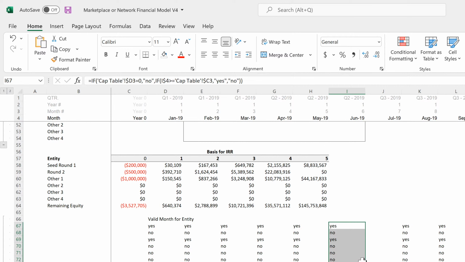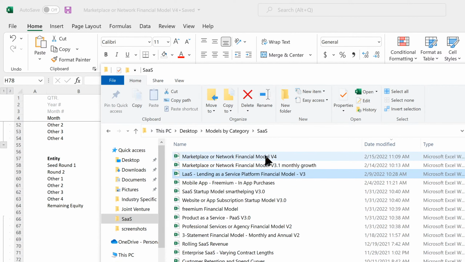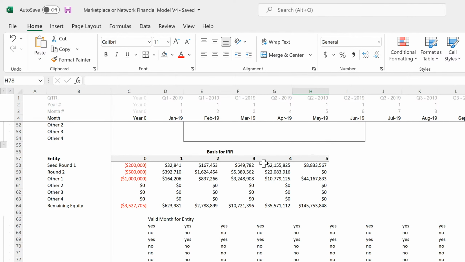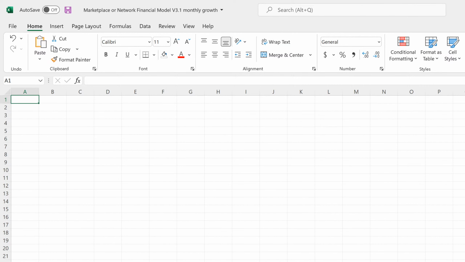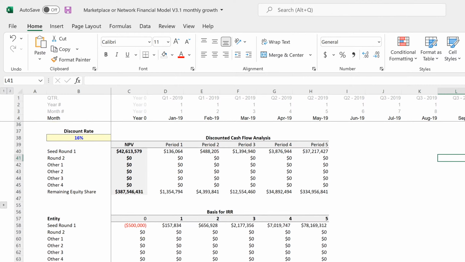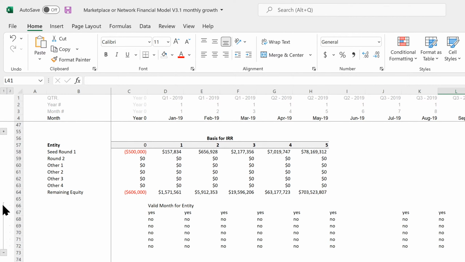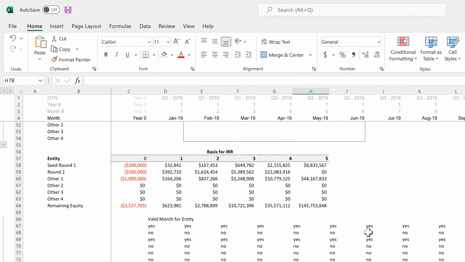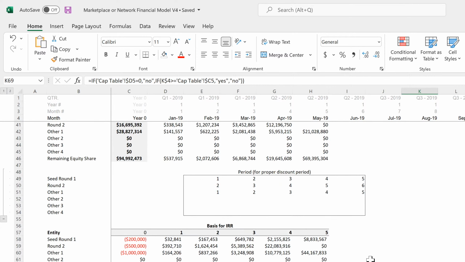Why is that just... Did I remove the formula somehow? I must have, because that wasn't like that before. Let's double check here. Curious. Okay, well that was a good catch there. So for some reason that month was just zeroed out. It should not have been.